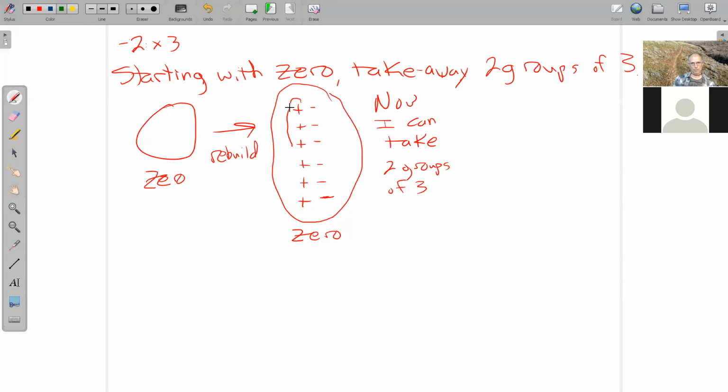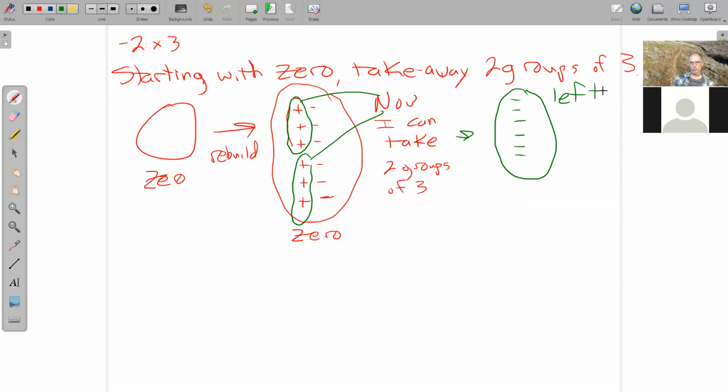Take this group of 3 out, take that group of 3 out, and then it looks like I have this left behind, which is -6. So we had to kind of revision a little bit what groups of meant to deal with the idea of integers in case the negative comes first.